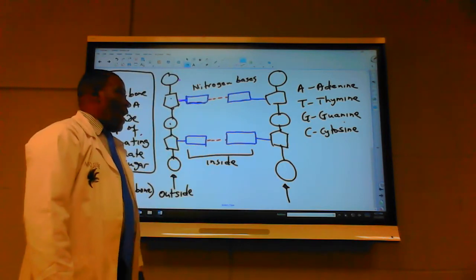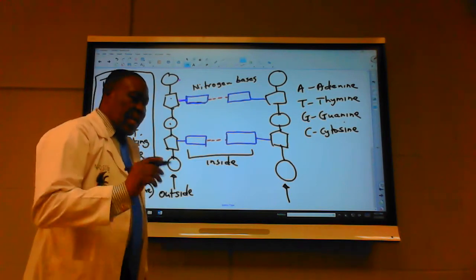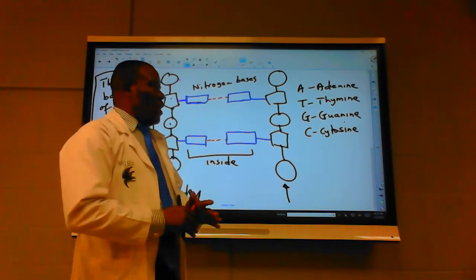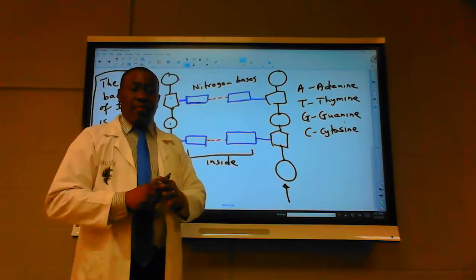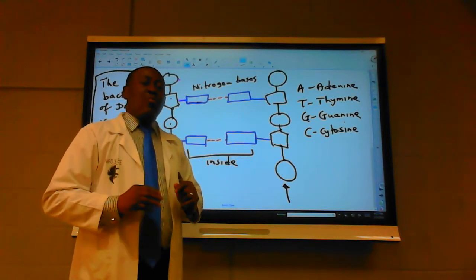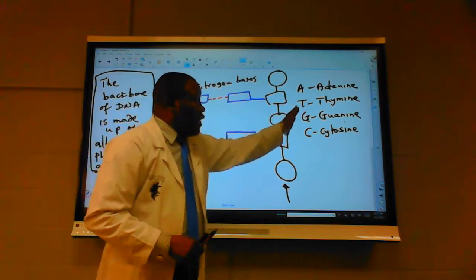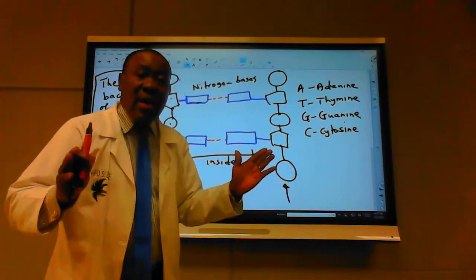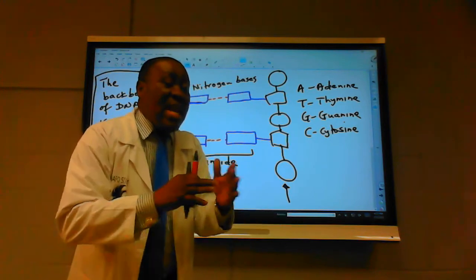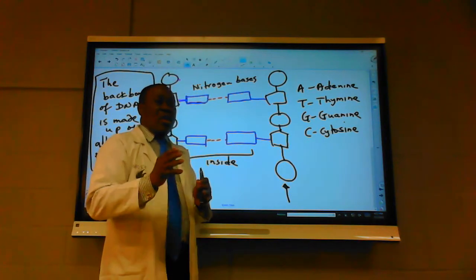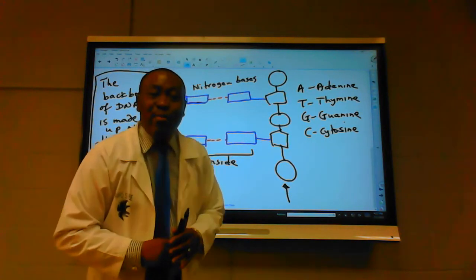Okay? Now, here's the tricky part. These 4 bases are couples for life. Let me repeat what I just said. These 4 bases are coupled for life. In other words, they are always in pairs. They will never be separated unless there is what we call mutation.